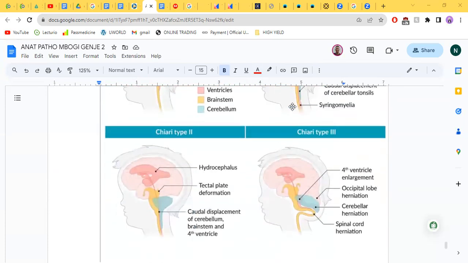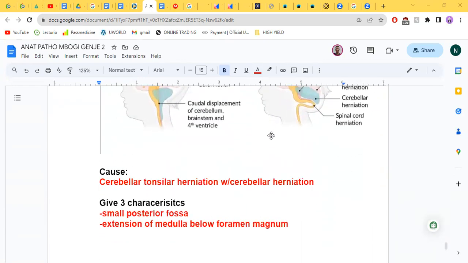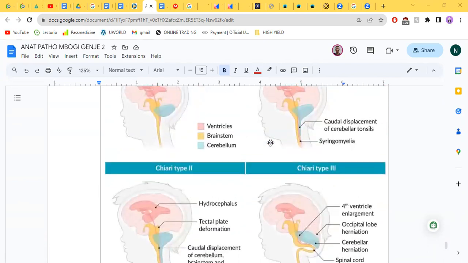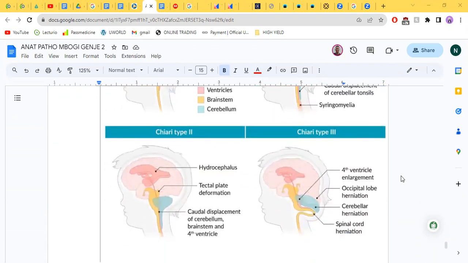Let's move downwards. This is a pictorial showing that. Now, for type 1, there's caudal displacement of the cerebellar tonsils. For type 2, let's move down. There's displacement of the cerebellum, brainstem, and fourth ventricle.